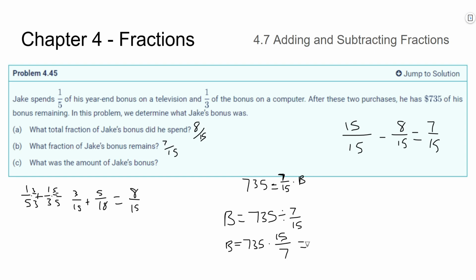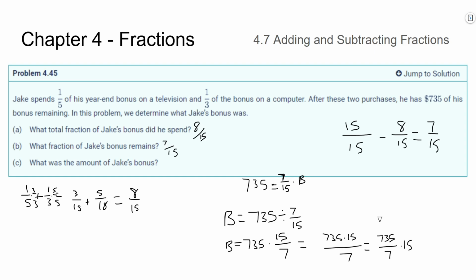Okay, but let's see if we can simplify this a little bit. So we have 735 times 15/7. You might notice that 7 is of course divisible by 7, and 35 is divisible by 7, so 735 is also going to be divisible by 7. So let's break this out and say this is 735/7 times 15. Well, 7 goes into 735 100 times to give us 700, and then leaves us with 35, and another 5 would give us the 35 left.